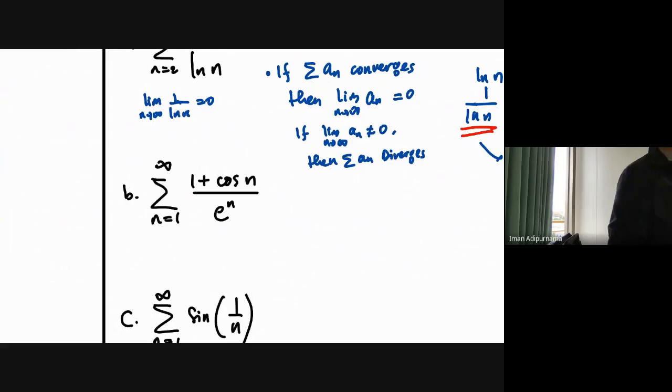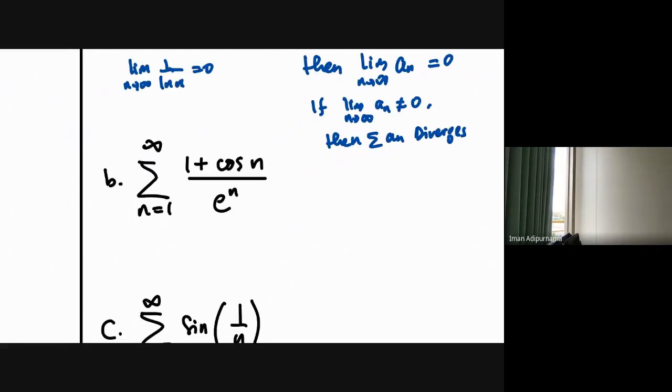And the other one is 1 plus cosine n divided by e to the n. This is just my preference or my suggestion. If you see cosine or sine in a really simple form like this, it seems like trouble, right?